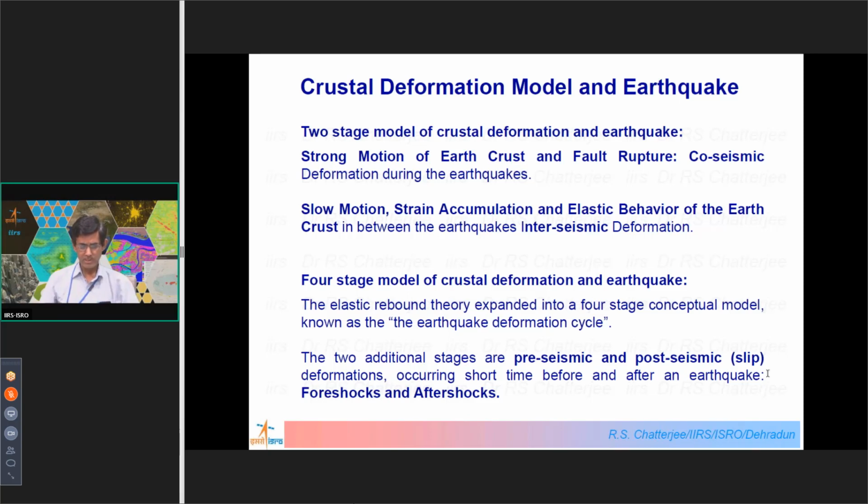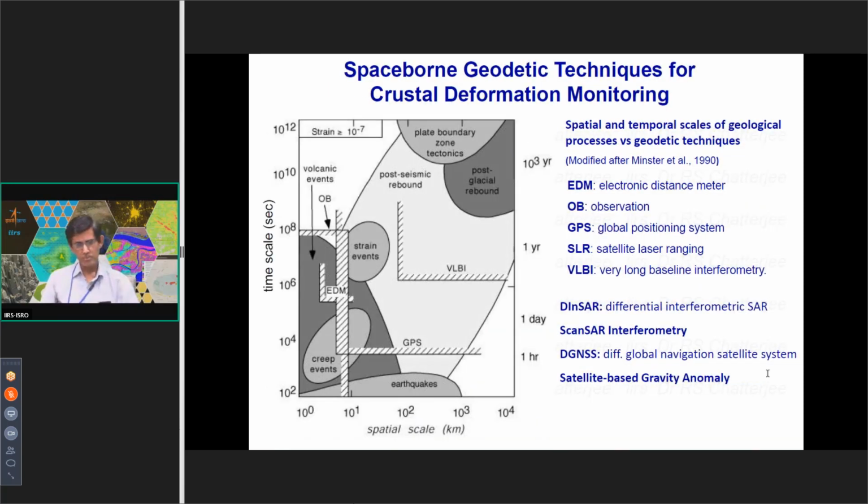Now there are 2 additional stages: pre-seismic and post-seismic slip, or pre-seismic and post-seismic deformations, giving the 4-stage earthquake deformation cycle. Pre-seismic is also known as foreshocks and post-seismic as aftershocks.